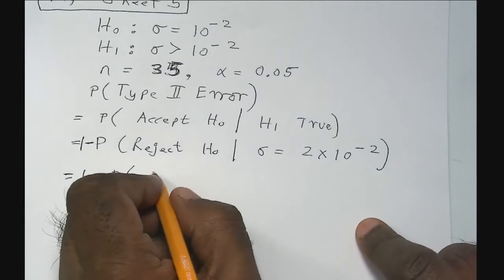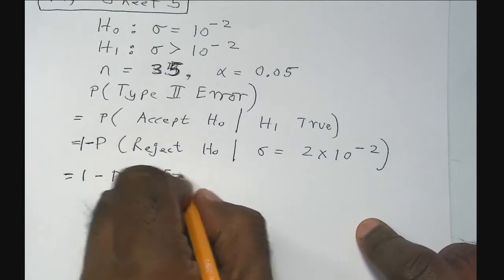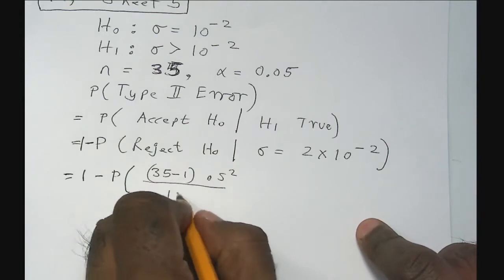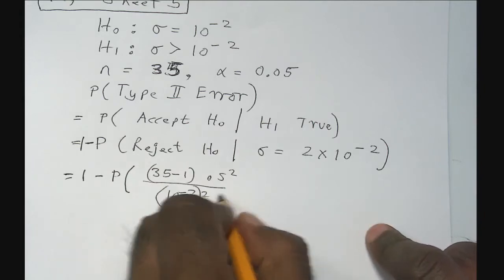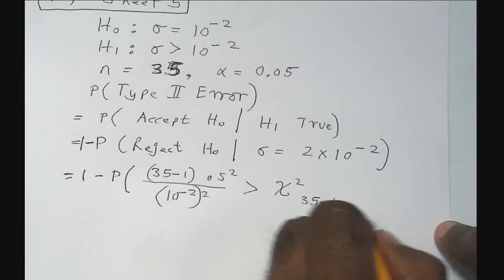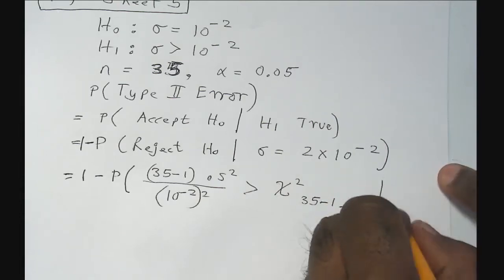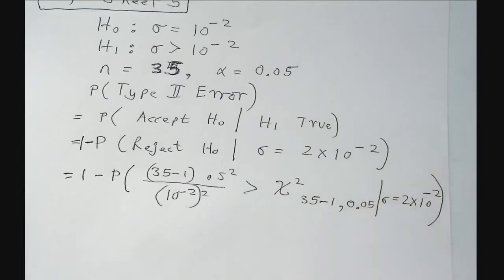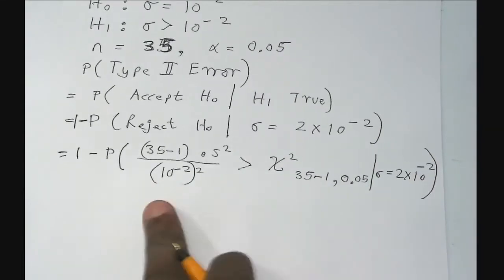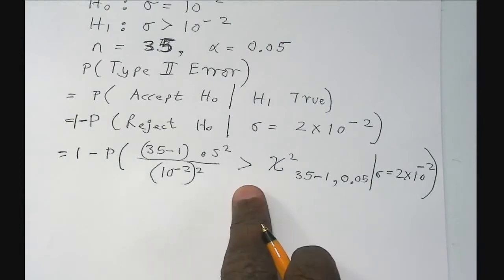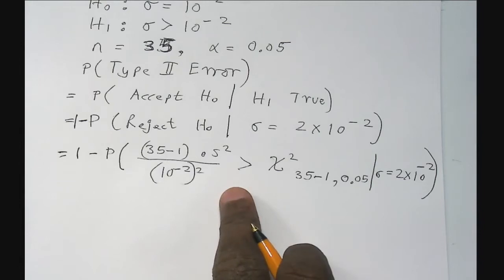It says 35 minus 1 times s squared divided by sigma 0 squared, which is this, greater than chi squared 35 minus 1, alpha is 0.05. Guys, do you see where this comes from? This comes from the lecture notes. I can't remember the page number now, but if you look at the right place, you will see this.